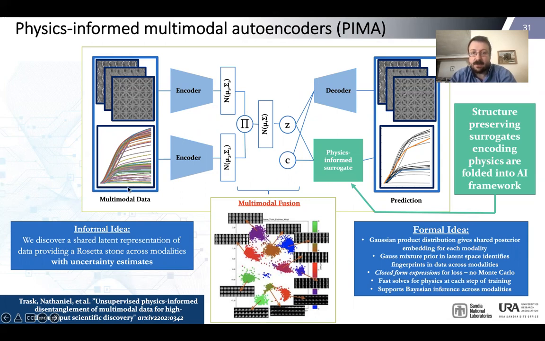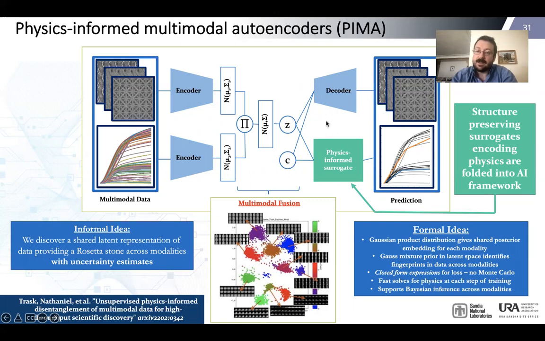So this means that each one of these modalities is being encoded into a single cluster where the different modalities share some common information, right? And this is probabilistic, right? So we have a UQ framework where we can assign a probability to belong to each one of these clusters.